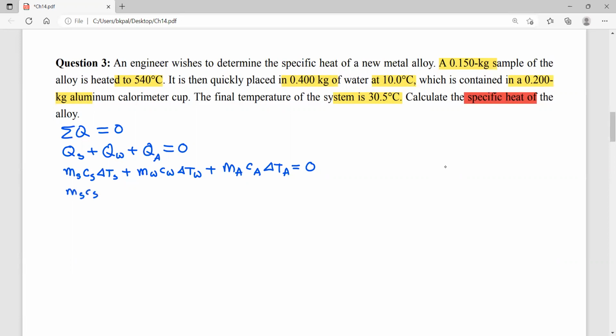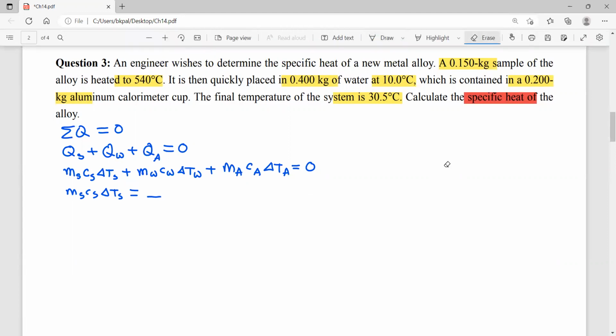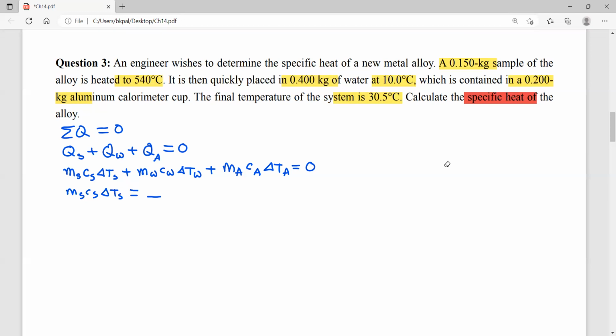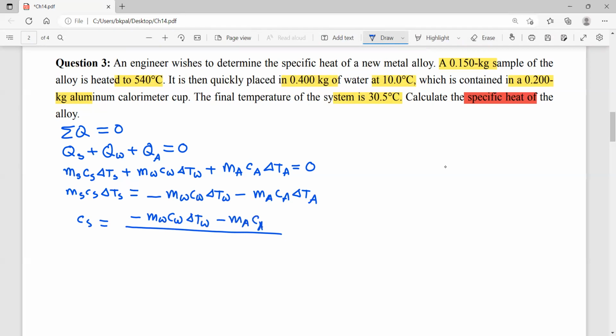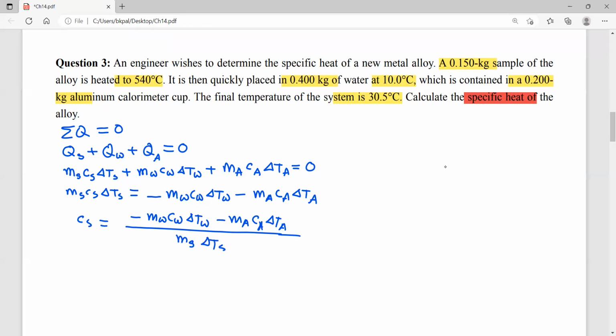So it is m_s c_s delta T_s, and that is equal to negative m_w c_w delta T_w negative m_a c_a delta T_a. So c_s is equal to negative m_w c_w delta T_w negative m_a c_a delta T_a, and then here m_s delta T_s. Now we just have to plug in the values.